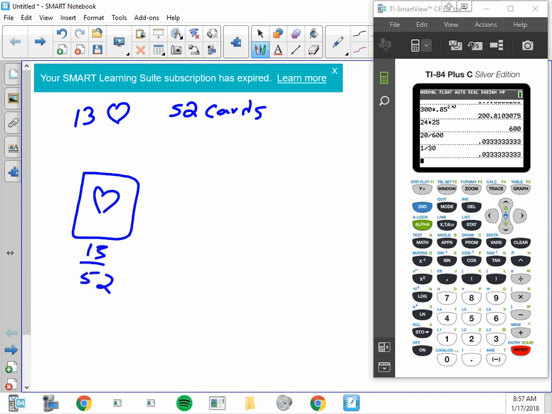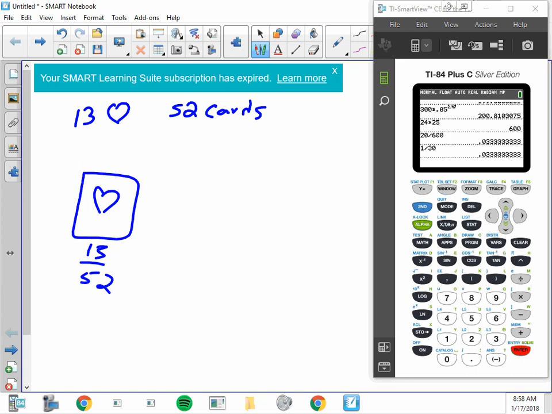Now, 13 out of 52 simplifies down to 1/4. Why does that make sense? 1/4 of the deck. There are 4 different suits in the deck and they all have the same number, right? So 13 out of 52.